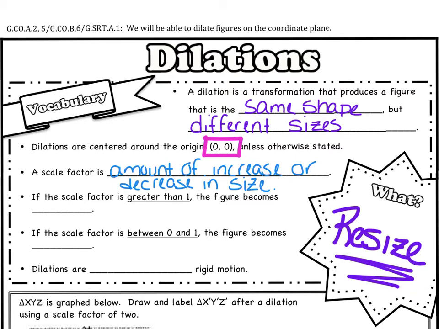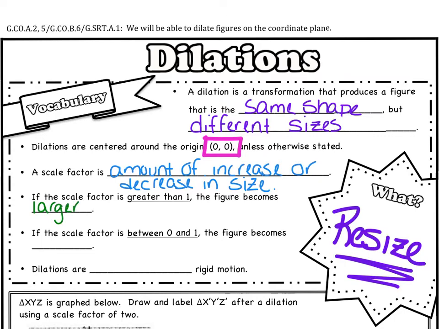Now, there are a couple of tricks to the scale factor to know whether you are increasing or decreasing the size of the figure, and it's all dependent on what the relationship is between the scale factor and the value 1. If the scale factor is greater than 1, so that means 2, 3, 4, 5, and so on, the figure is going to become larger.